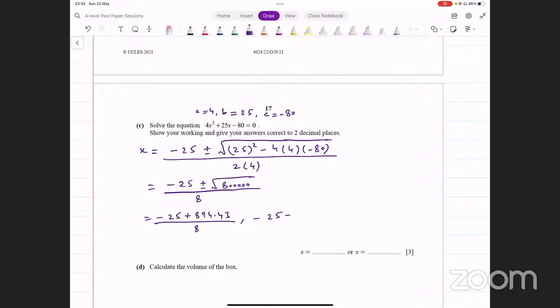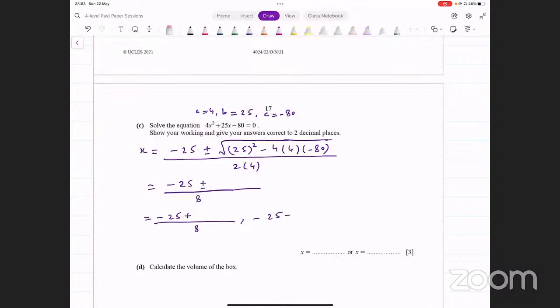Is my calculation correct here? Okay, is there some error somewhere? Zero गलत लगा दिए. 25 squared minus 4 into 4 into 80. Yeah, so there's something wrong with what I've done here. 800,000. Yes, this looks like the wrong number. इसको मैं change कर देता हूँ.